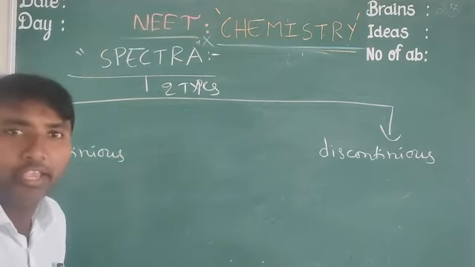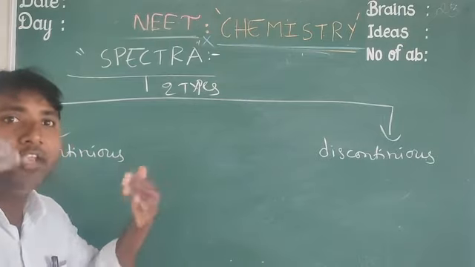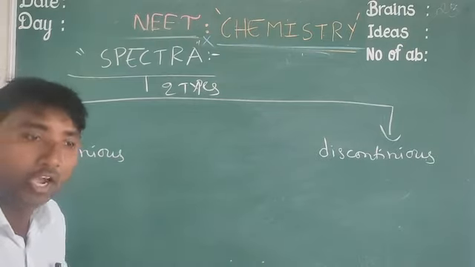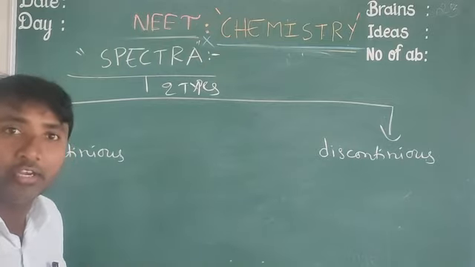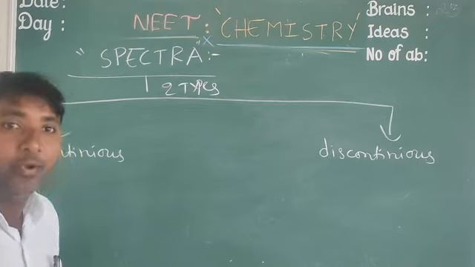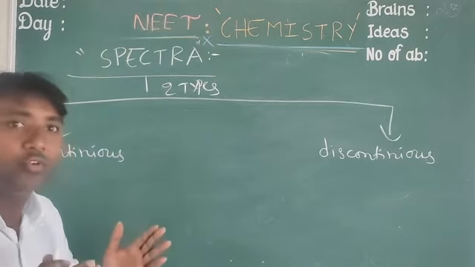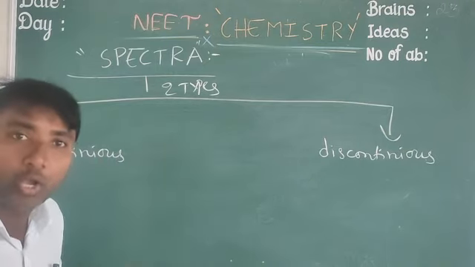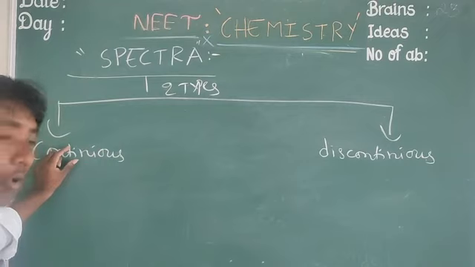After merging, we can't identify the previous parent colors. After mixing two colors, we can't identify them separately. Both are completely mixed. There is no gap between two colors. That is called continuous spectrum.